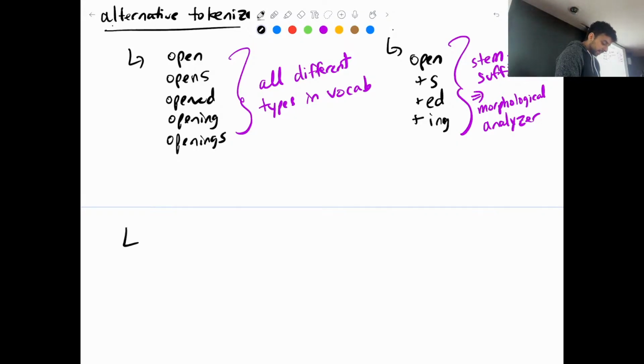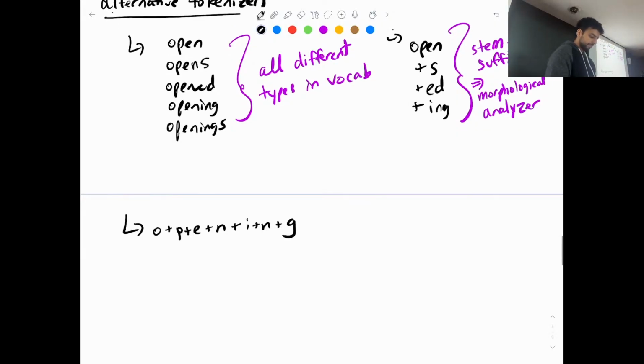The other alternative is to do character level splitting. And here, it's actually much better for the unknown word problem, right?